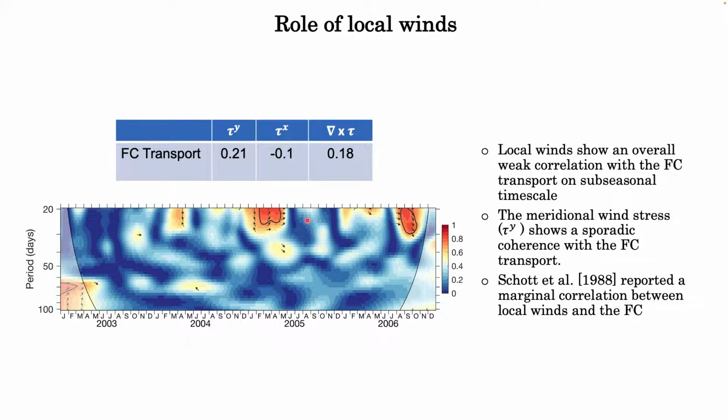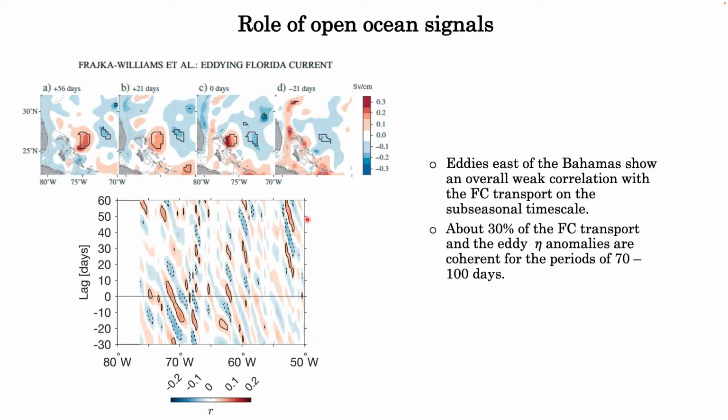And then the coherence is quite sporadic. It's not stationary, so that might explain the overall weak correlation. But physically, I don't know. We need to study more about what caused this overall weak correlation.